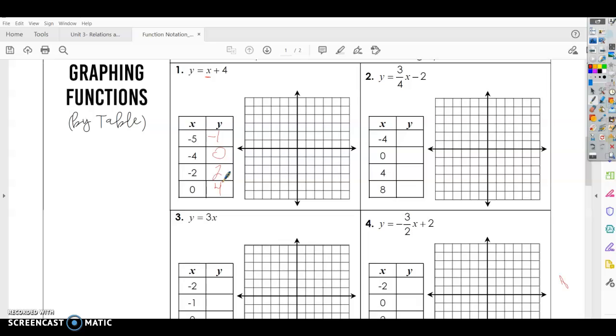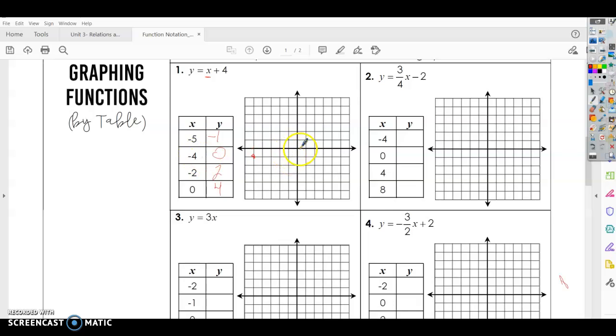Now that you have ordered pairs, you can graph those. Remember, your x goes left and right, so -5 would be 1, 2, 3, 4, 5 to the left of 0, and then down 1 puts me in my third quadrant, and that's where I graph the first point.